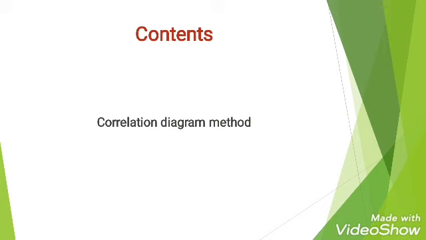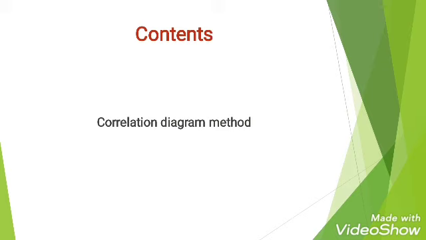To apply the correlation diagram method to any pi system, we must write the molecular orbital diagram and predict the symmetry elements for those orbitals.